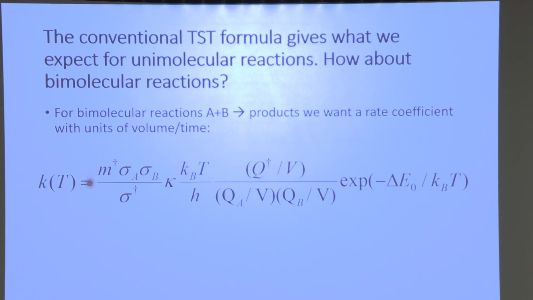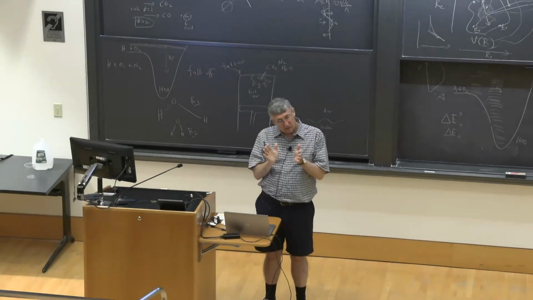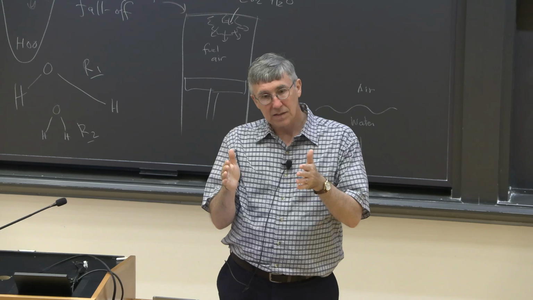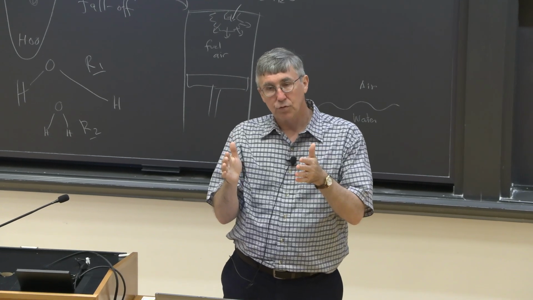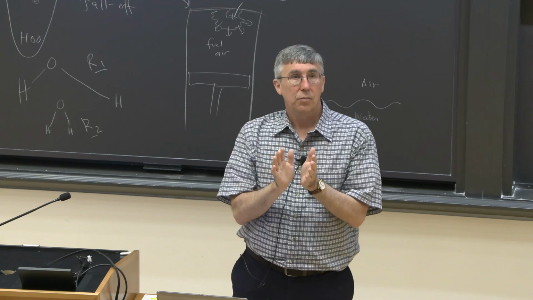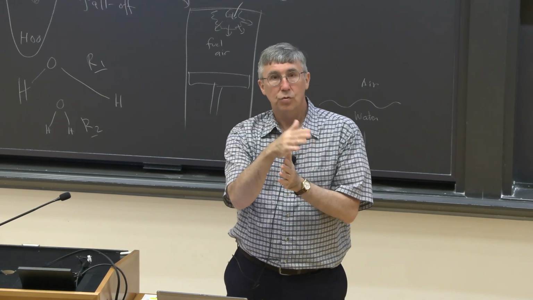This M is a thing called the reaction path degeneracy. Sometimes there are ways that you can have two distinct transition states, but they're completely symmetry related. So sometimes you have mirror image transition states, where the transition state is chiral, and so there's two versions of it.